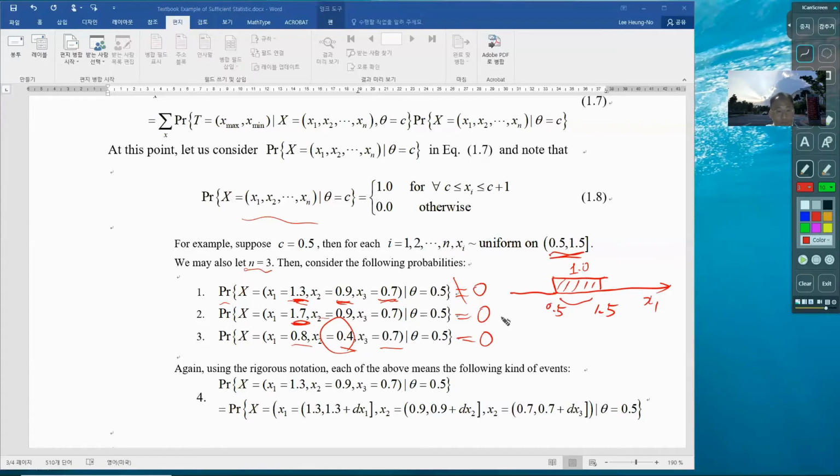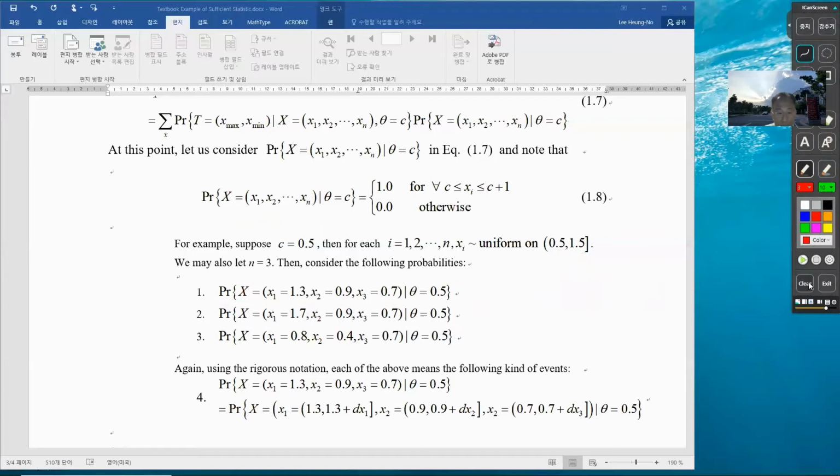So that is what we can say about this expression right here. But again, if we use the rigorous notation, that should be continuous random variable, then we have to treat this way.